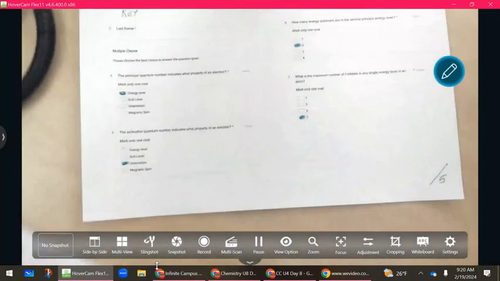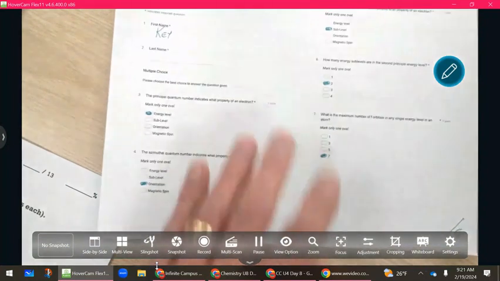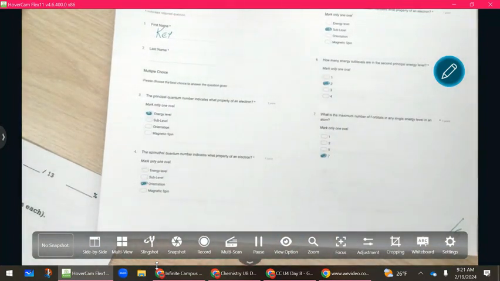You can go back and look at it, but here are the questions to it. I printed them out and put an answer key to them. So again, you would have to be on your computer to look at your old quiz, which was released to you.